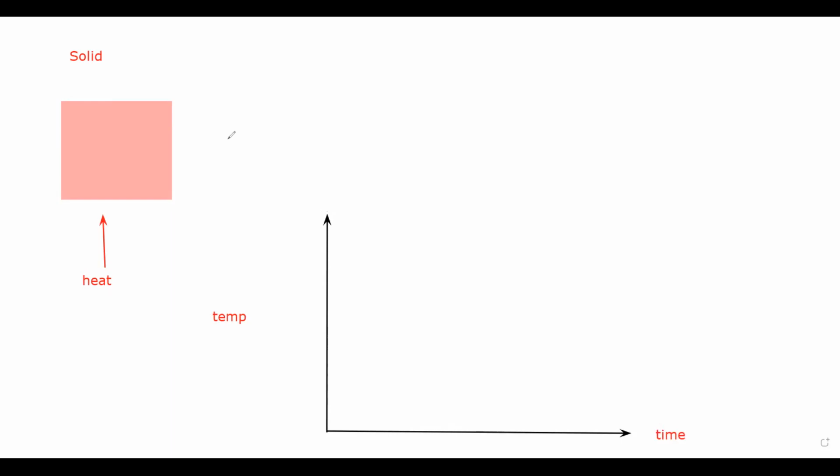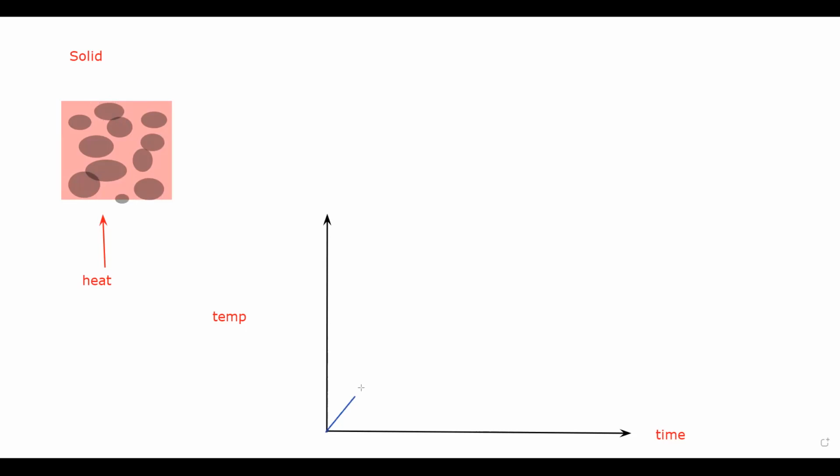So you have a solid and you're supplying heat energy to this solid. So first, what will happen in a solid, where the particles are tightly packed together, is that the energy will cause the particles to move at a high speed, or the particles will move faster. So it will increase the speed of the particles, and when the speed of the particles changes, the temperature will change.